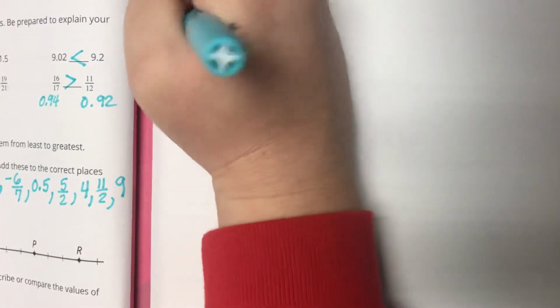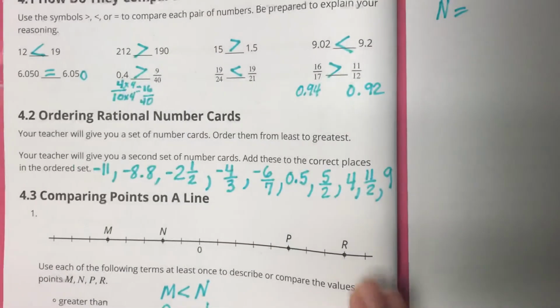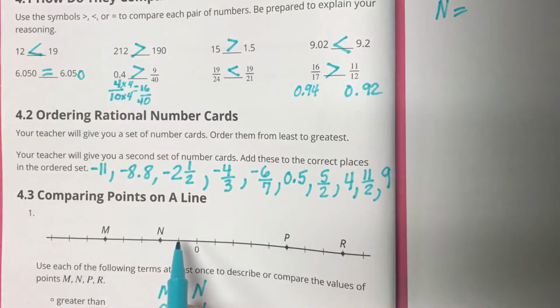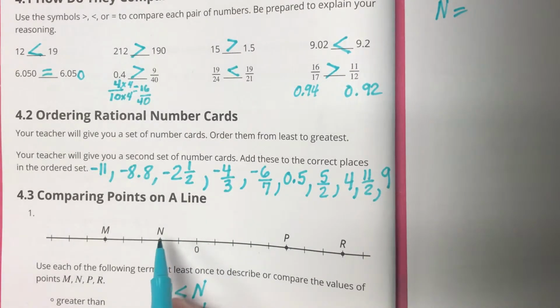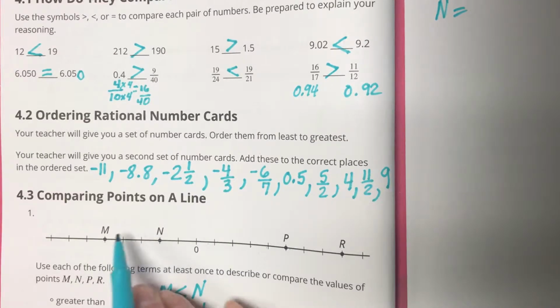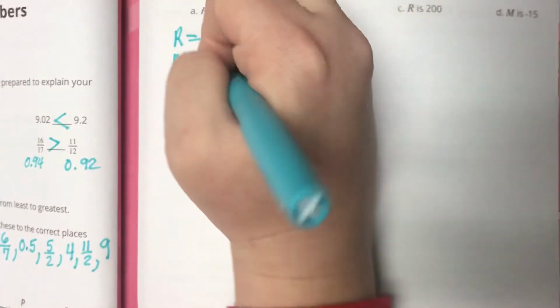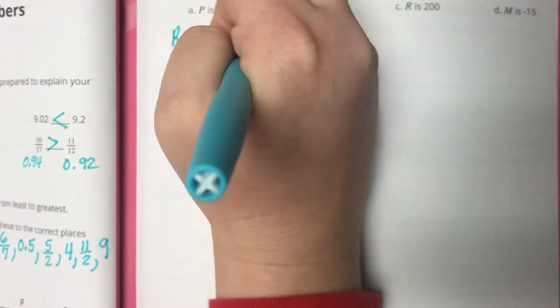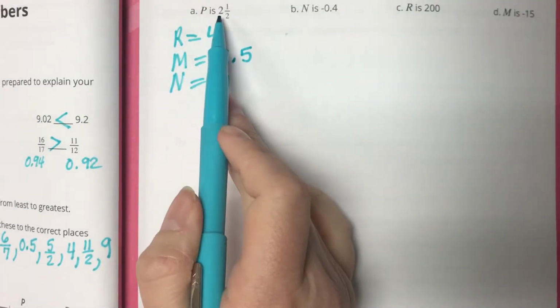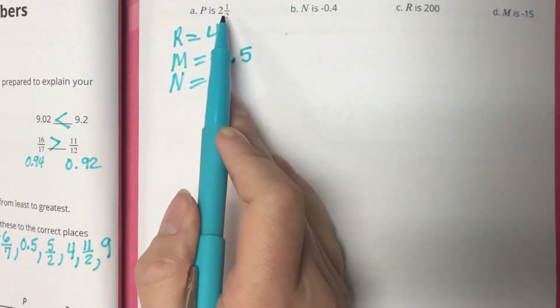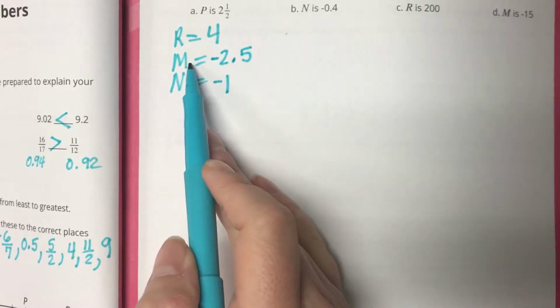Okay, M and N. So then that means that N is going to be -0.5, -1 would be N, and then -1.5, -2, so then -2.5 would be M. And this is true because remember when we talked earlier comparing, we knew that P and M were opposites.